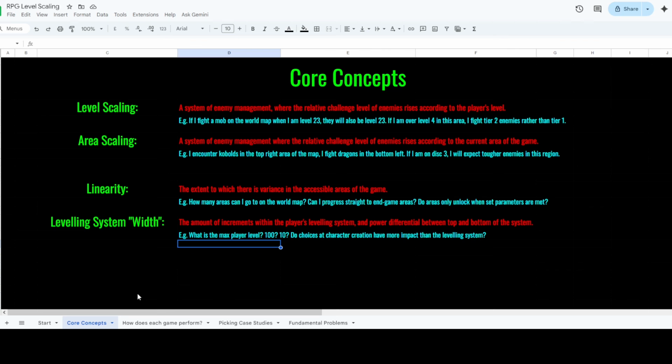In Baldur's Gate 1, if you play without the expansion, I think the level cap ends up for most classes being around level 6 or 7. Whereas obviously in Final Fantasy VII it's 99, and then you've got all the extra bits on top of that. So Final Fantasy VII has a much wider leveling system width, and that will again play in to this.